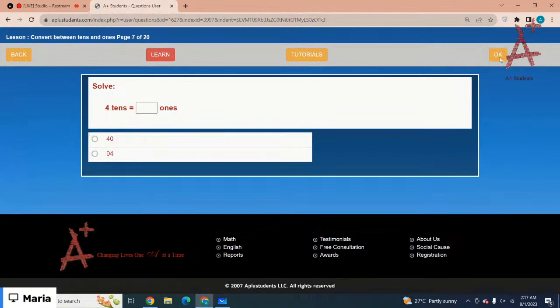4 tens equal you have 4 at the tens position, right? That means the digit at the ones position is 0. So 4 tens equal 40 ones. The correct option is 40.